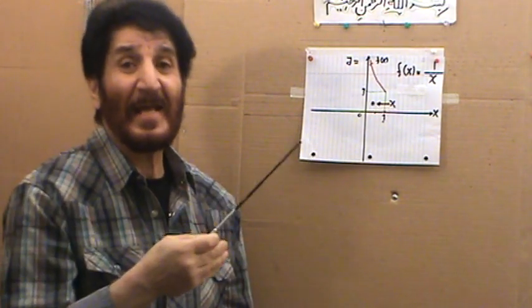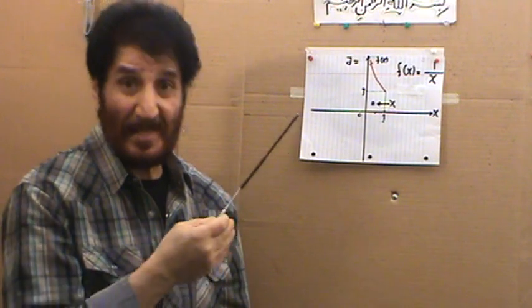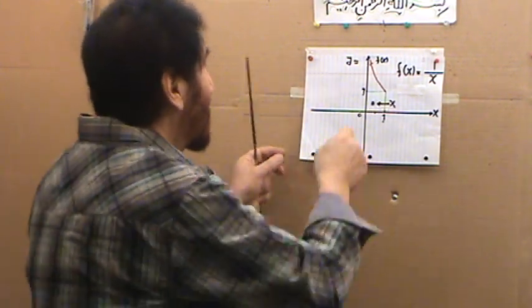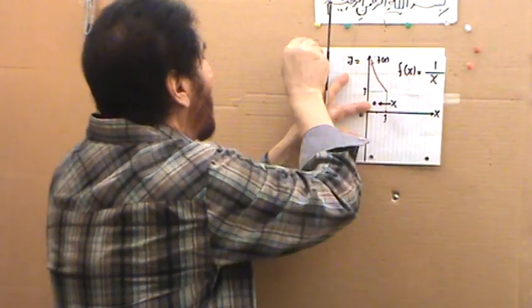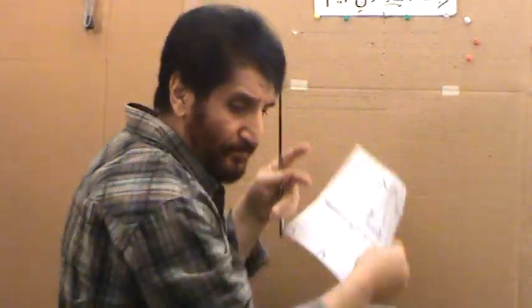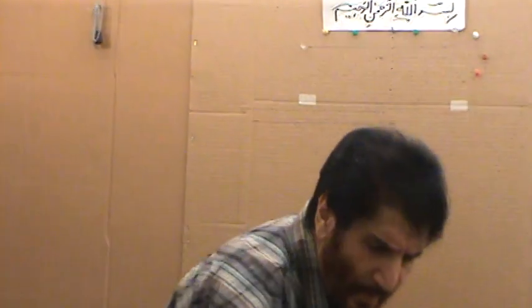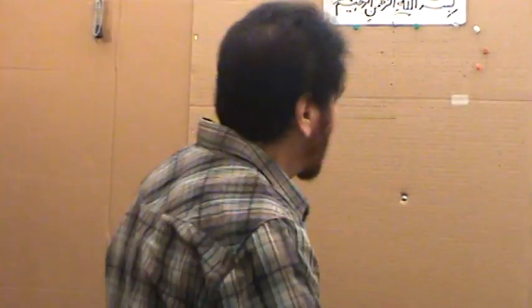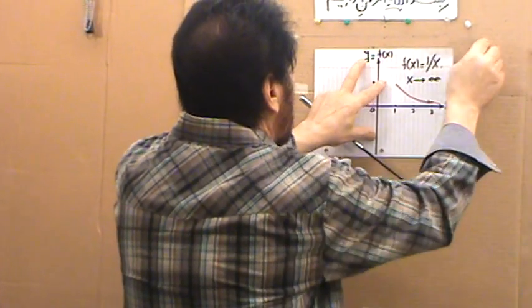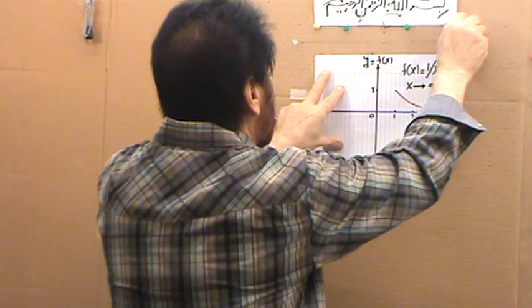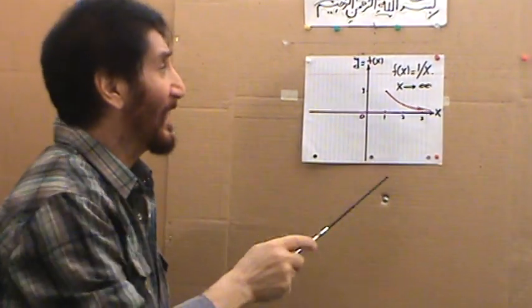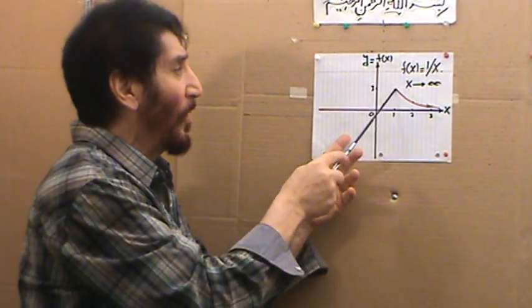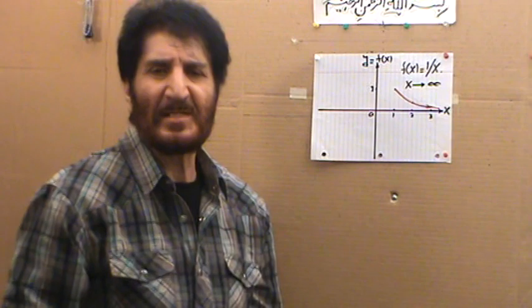Now let's see what happens when x gets larger and larger, as we select positive values for x, toward infinity. So when x is 1, and as x increases, just put some number in your mind. For example, x is 100.